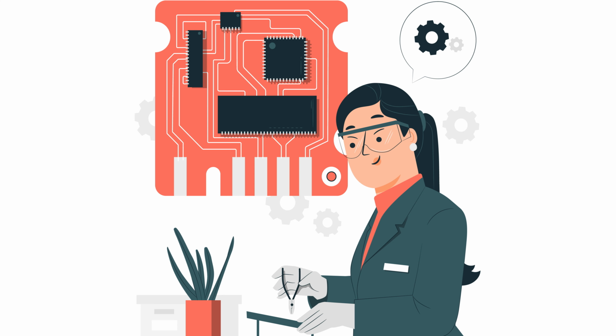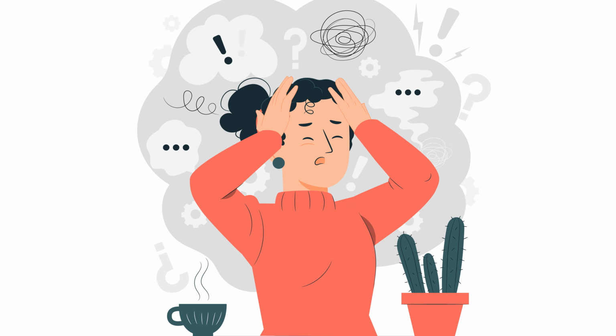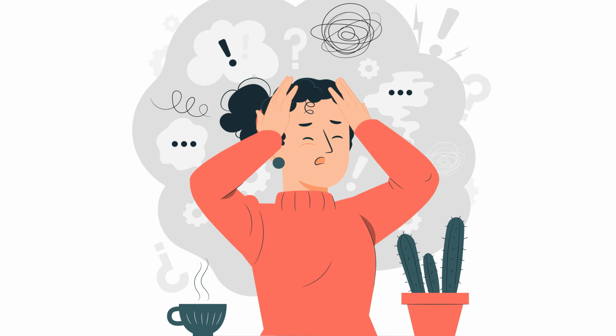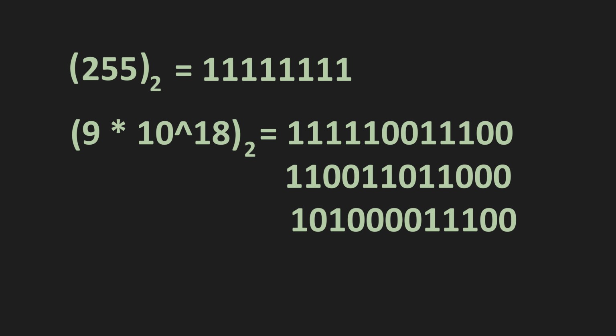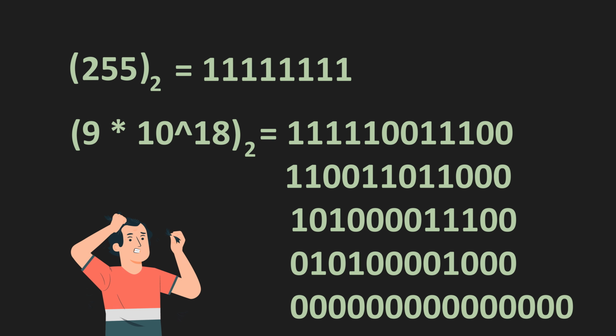It's the simplest system for hardware to process, but it's extremely tedious for humans to work with directly, especially for large numbers. For example, representing the decimal number 255 in binary requires 8 bits. Imagine working with even larger numbers. It's not very practical to debug or interpret.